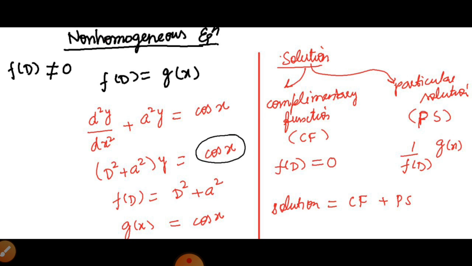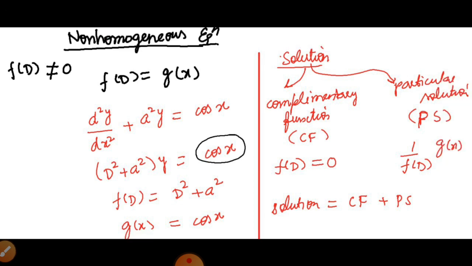So we can calculate y as 1 by f(D) times g(x). So we will have a g(x) by f(D) type expression that will be solved to find a particular solution, and the overall solution of this non-homogeneous differential equation will be the complementary function, treated as a homogeneous differential equation, plus the particular solution.